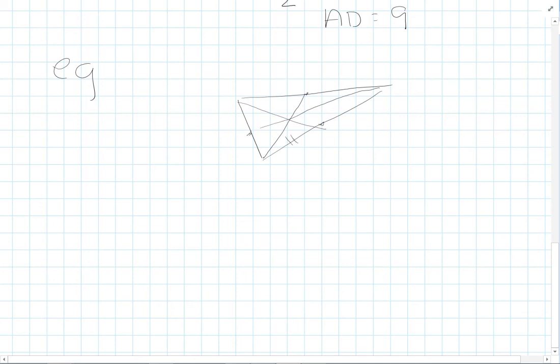Okay, so we know this is congruent to this, and this is congruent to this. And let's label these. And let's label the point in the middle P.